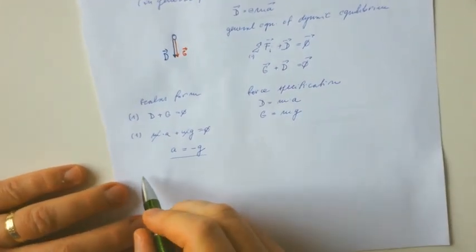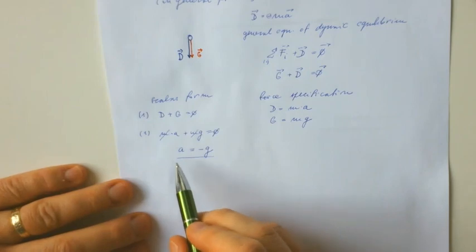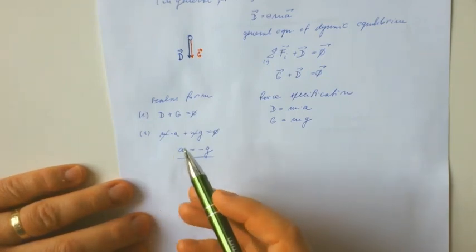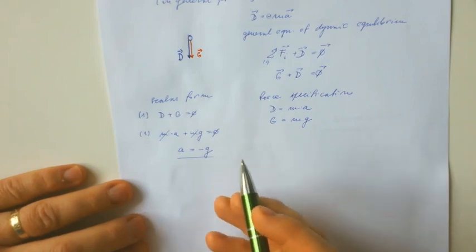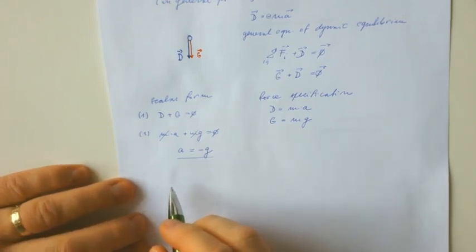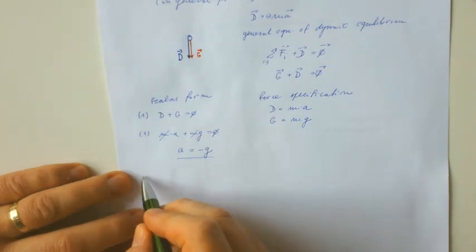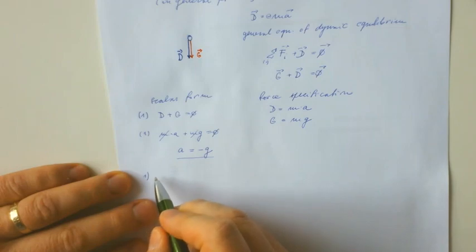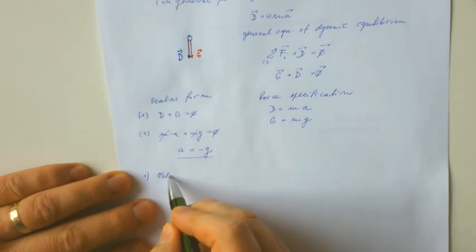So now we can step to calculation of kinematic quantities of the particle, of the process. So first we can calculate the velocity of the particle.